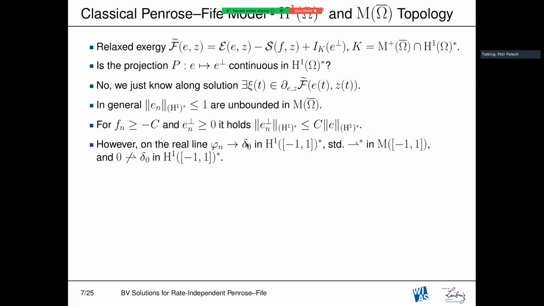However, precisely the very same sequence converges strongly in H1 star. And hence one cannot expect even strong-weak continuity of the projection. Even supposing strong convergence doesn't tell anything about the images.